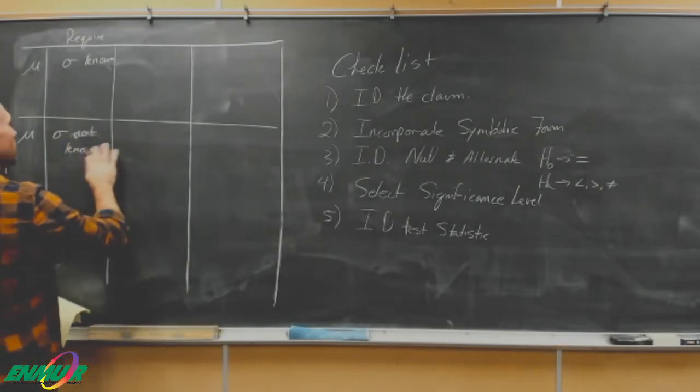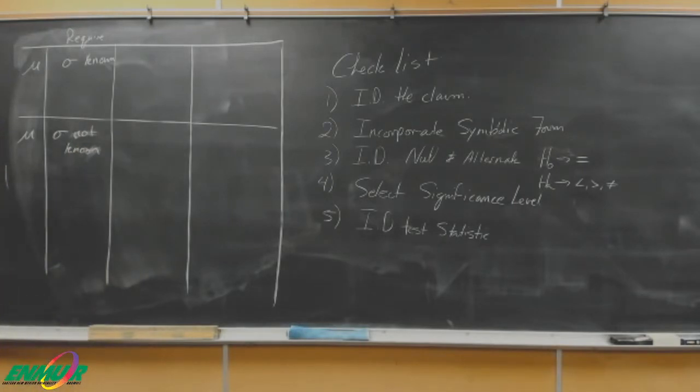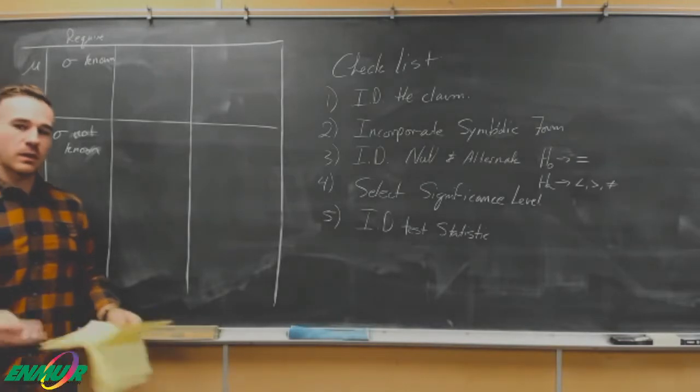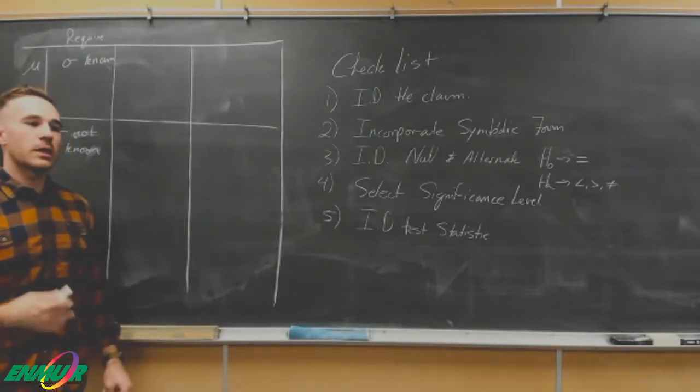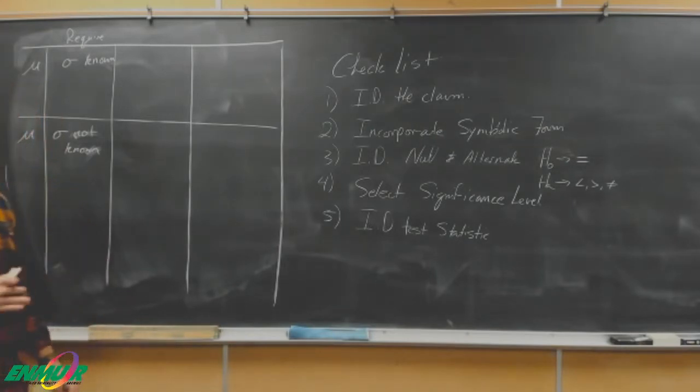And this should carry over from 7.2. In 7.2, we talked about how if my delta is not known, then I'm going to use a t distribution. If it's known, I'm going to use a z distribution. Very much so the same flavor.